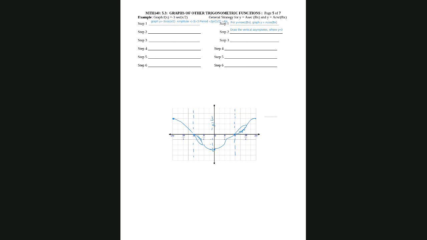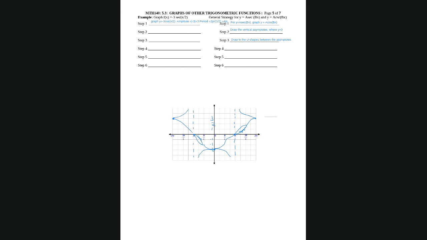And then back up here, we draw in the U-shapes between the asymptotes. Okay, so what that means is that down here, draw in these sort of U shapes. And remember, the U shapes are the graph for the secant function.